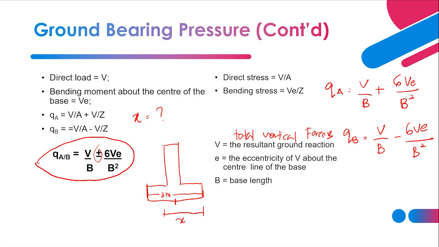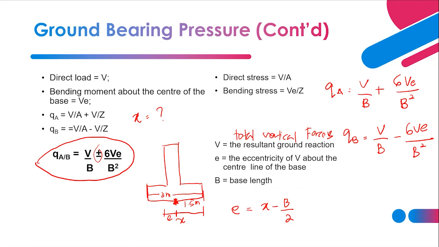Jadi 3 meter daripada sini this is 1.5 meter, betul-betul dekat tengah daripada 3 meter ni. E ni adalah eccentricity, berapa beza X ni dengan setengah daripada B. So senang cerita, E is X minus B over 2.